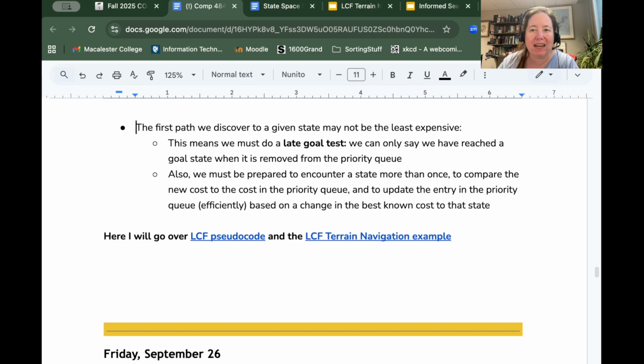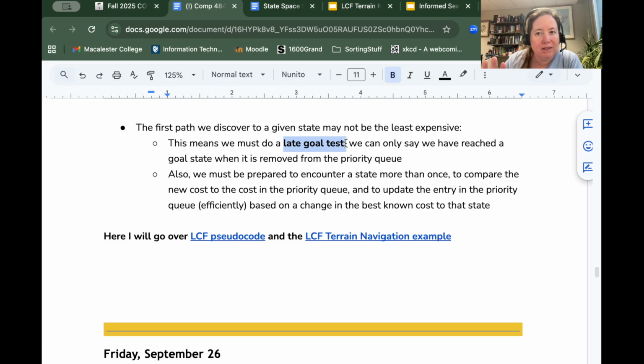That means we can't do that early goal exit that we could do with breadth first search, where as soon as we generated a goal state, we were happy and we could stop. Just because we generate a goal state doesn't mean that the path we're on is actually the lowest cost. It could be that we will discover some other way to get to the state that is of lower cost. So we do a late goal test.